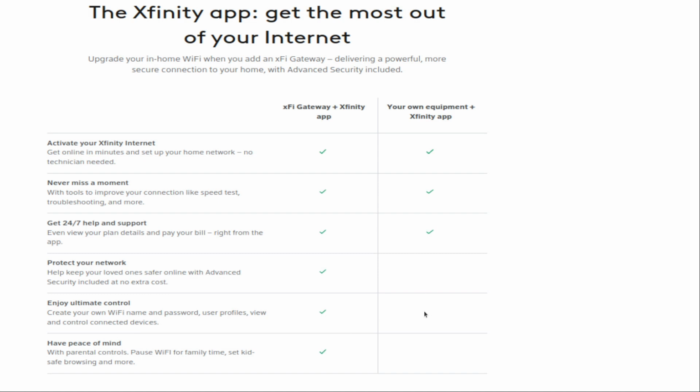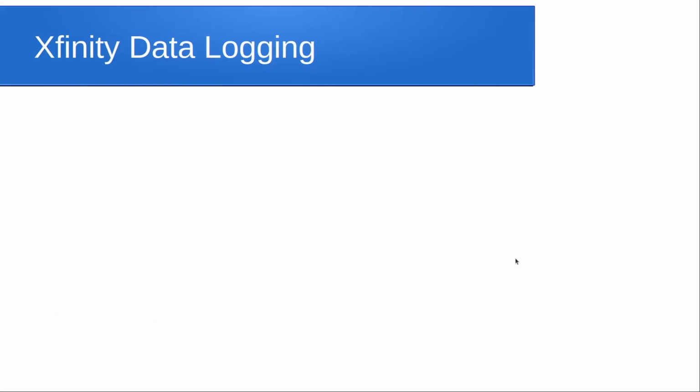So, to me, you're going to be able to do that anyway. And have peace of mind with parental controls. Well, nowadays, parental controls and that sort of thing is really common that you can set up on routers. So I really like that capability. But to say that it doesn't exist on your own equipment, I think that goes a step in the wrong direction. But again, marketing, right?